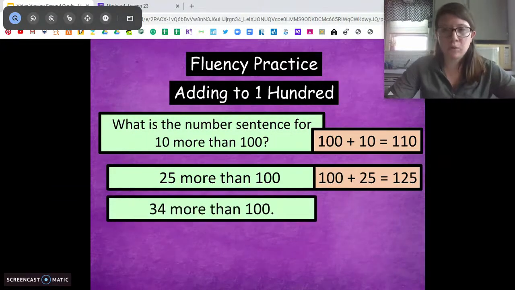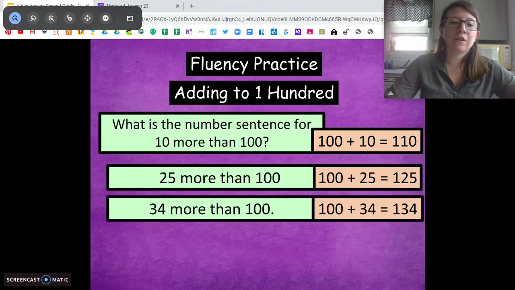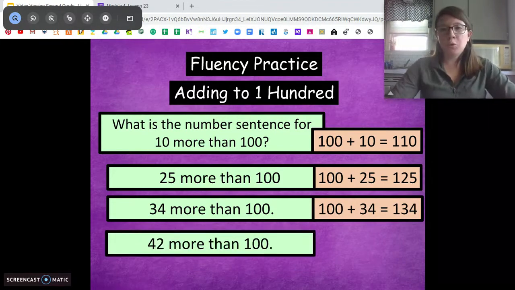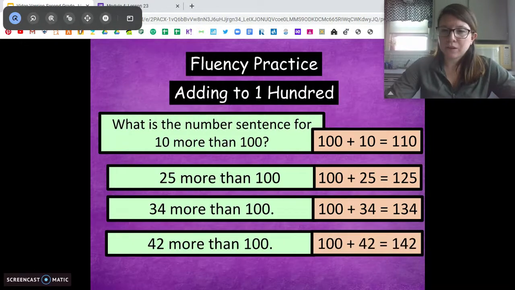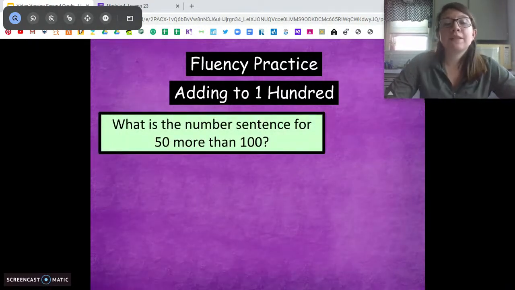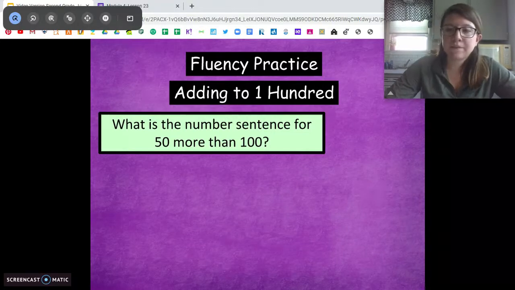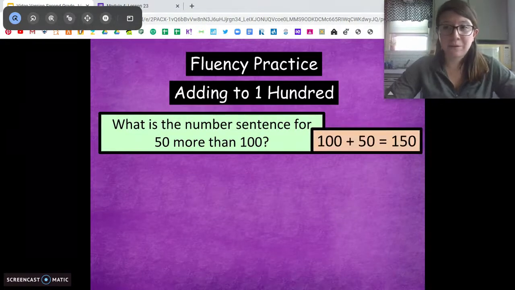What about 34 more than 100? Good. 100 plus 34 equals 134. And what about 42 more than 100? Tell me that number sentence. Good. 100 plus 42 equals 142. Let's try these ones. What is the number sentence for 50 more than 100? Just tell me out loud. 100 plus 50 equals 150.